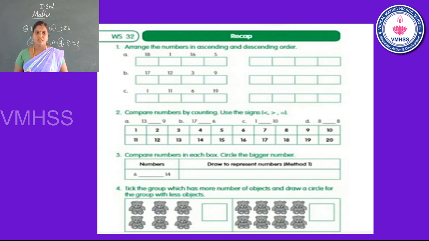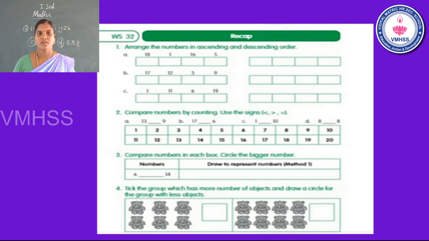Next count the next box. 1, 2, 3, 4, 5, 6, 7, 8. Tick the fewer pictures. Which one has fewer pictures? Yes, the first one has fewer pictures. So tick the first box. It's clear?